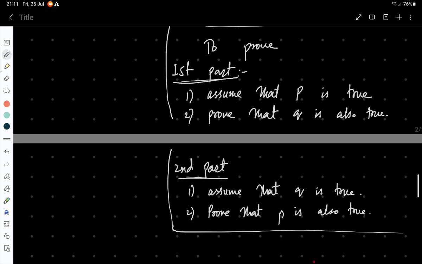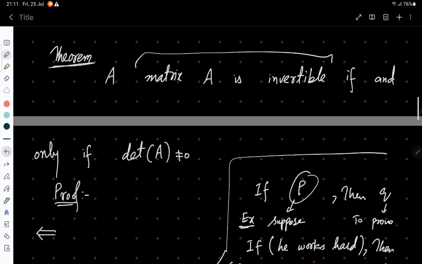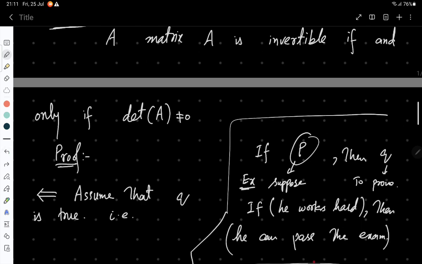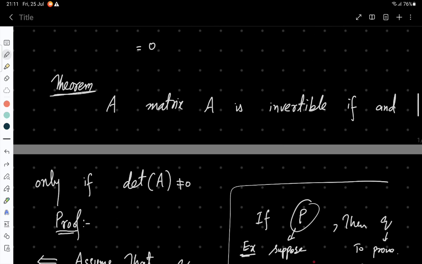What is the second part? In the second part, we have to assume that Q is true and we prove that P is also true. Okay, let's do the second part first. We assume that Q is true. What is Q?